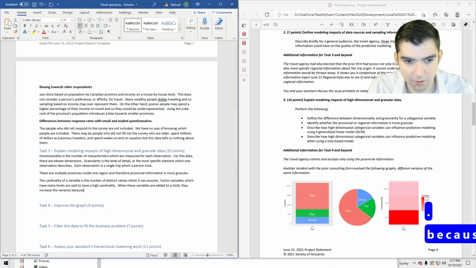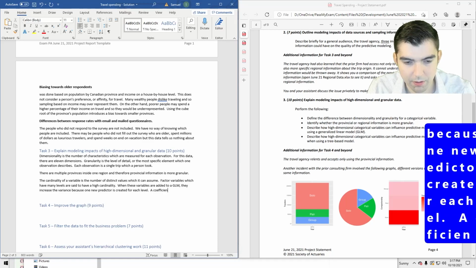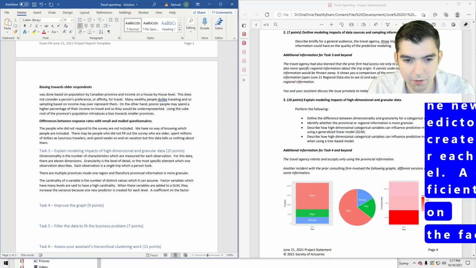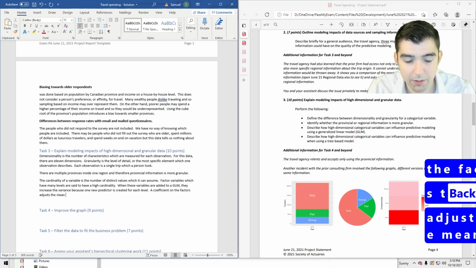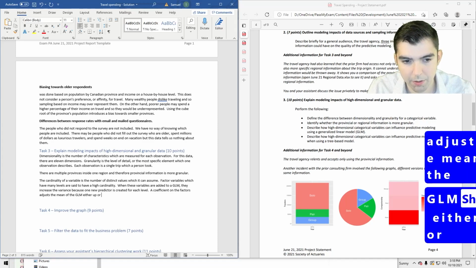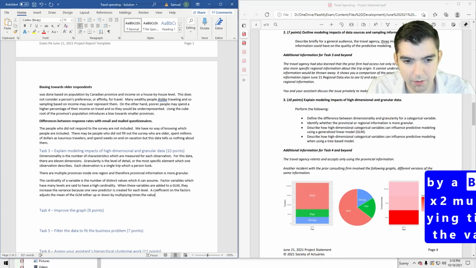They increase the variance because one new predictor is created for each level. A coefficient on the factor levels adjusts the mean of the GLM either up or down by multiplying times the value.